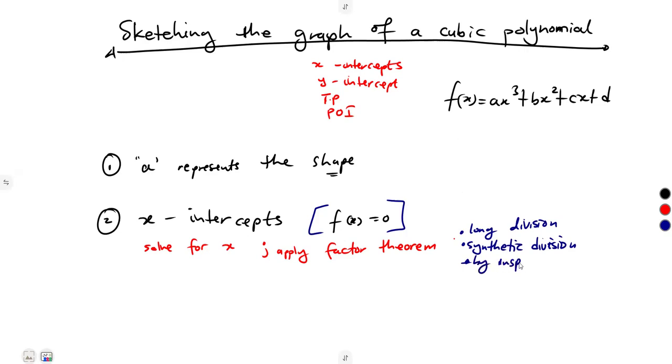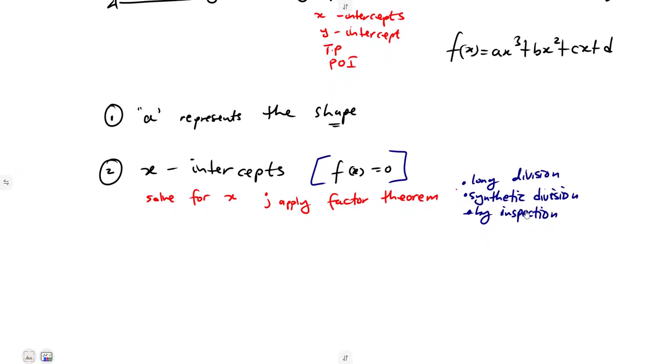I have discussed these three methods separately. So use any one of the three to find the x-intercepts as you are solving for x, taking your f of x to be equal to 0. So that is for the x-intercepts.